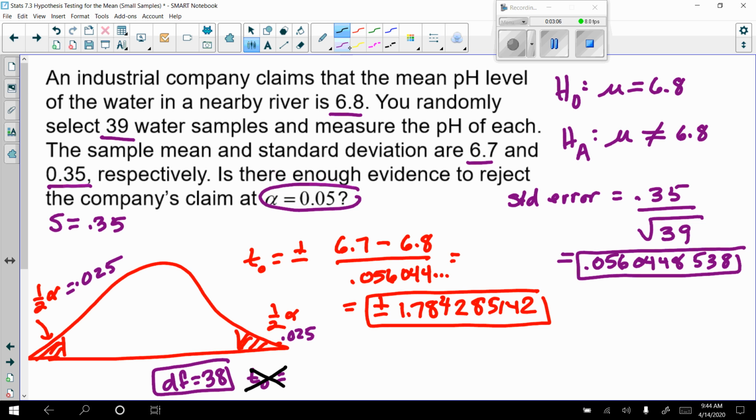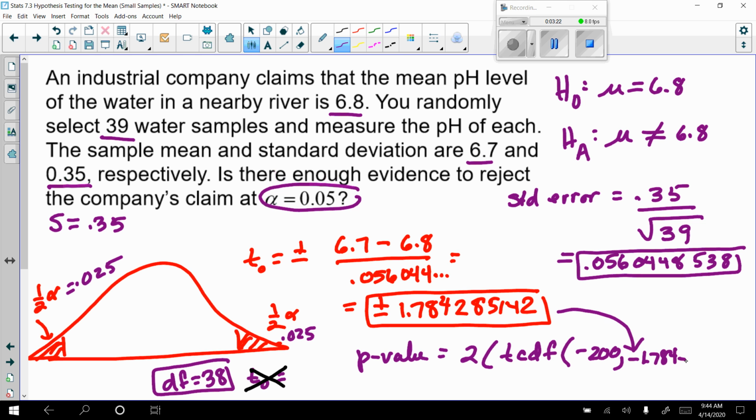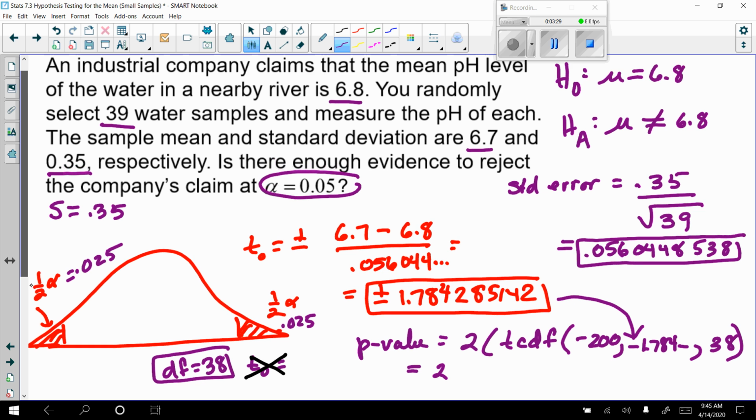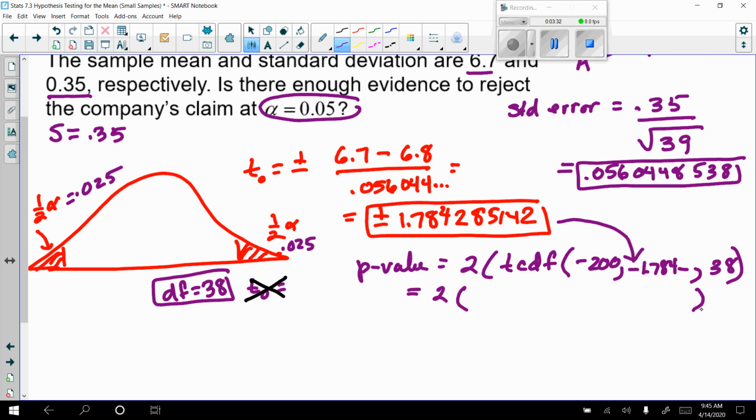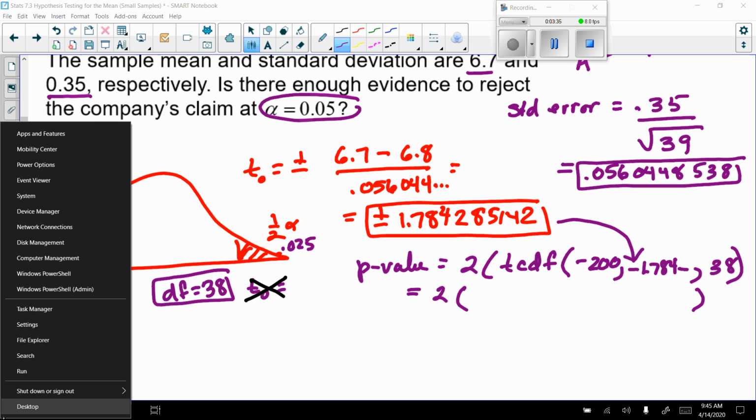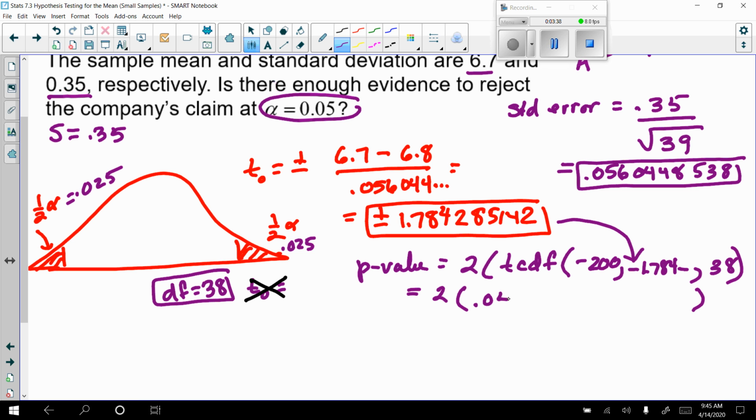Our p-value is going to be equal to 2 times t CDF of -200 to -1.784 with our degrees of freedom of 38, which gives us 2 times 0.0411811923, which is 0.0823638462. That's our p-value.